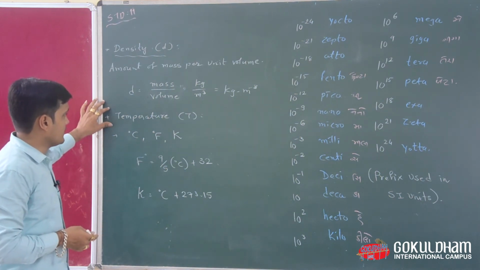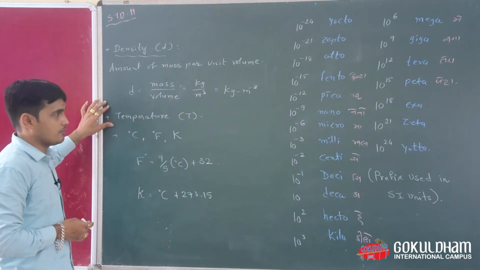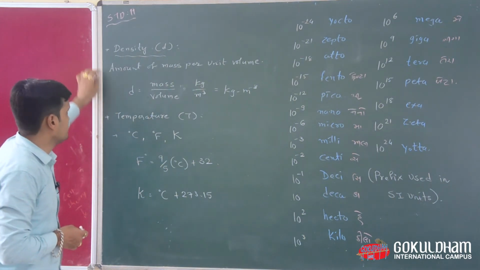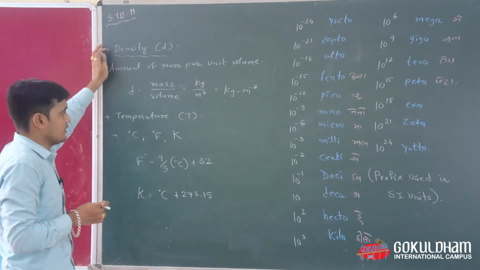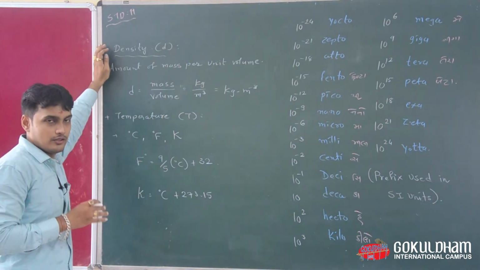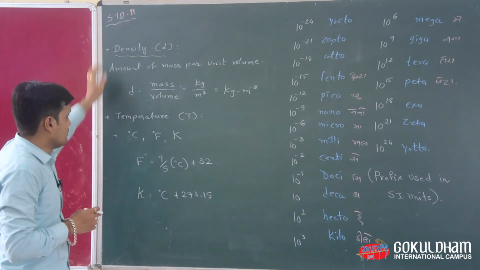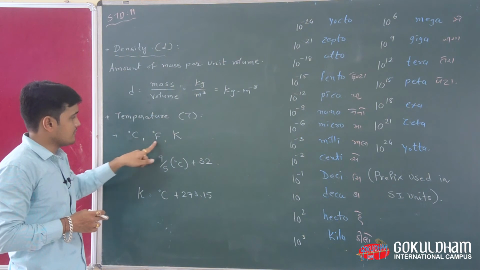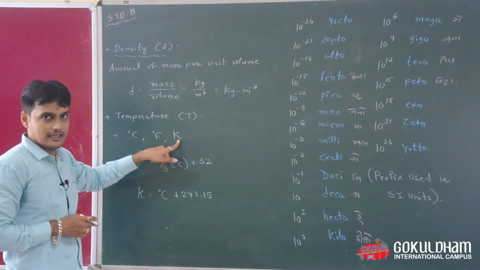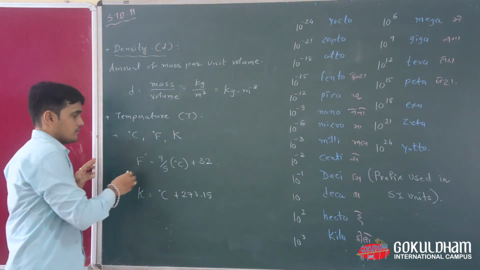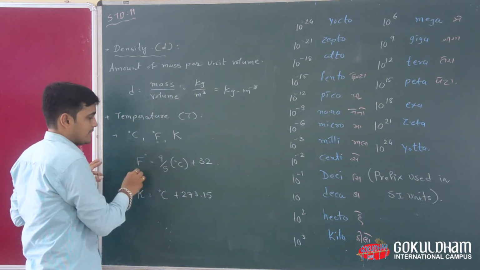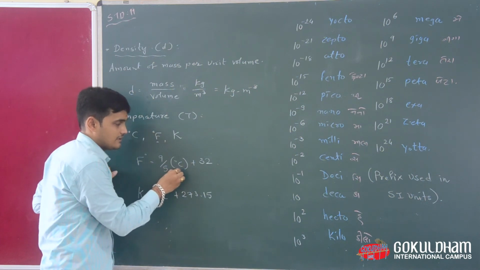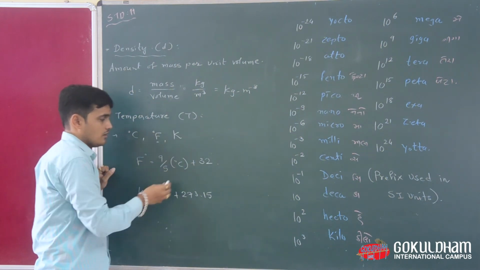Another parameter for measuring the physical property is temperature. This temperature is showing the level of heat, not the quantity of heat. This temperature is measured in degree Celsius, degree Fahrenheit and Kelvin. Fahrenheit can be calculated by this equation: 9 by 5 degree Celsius plus 32.